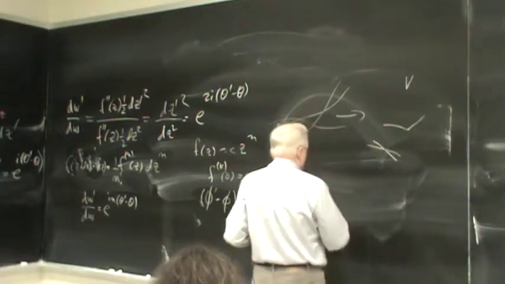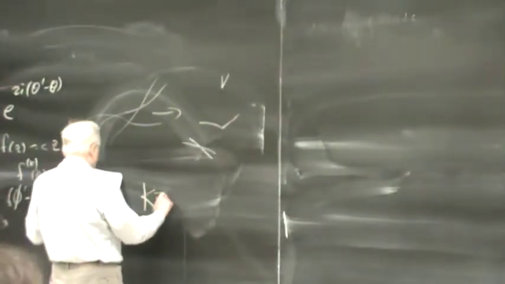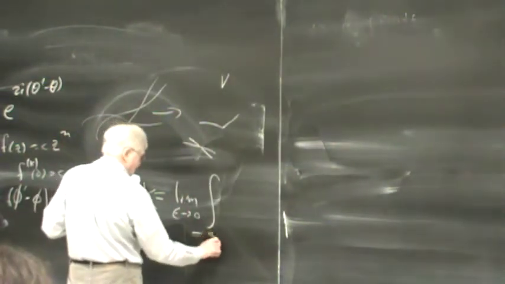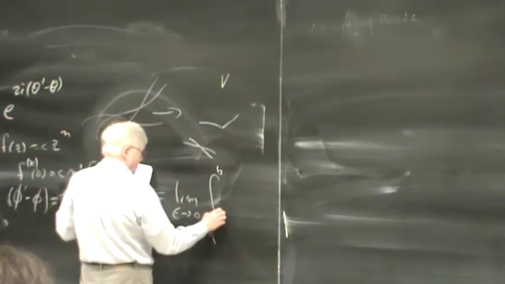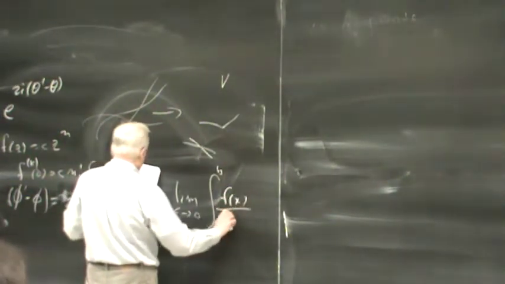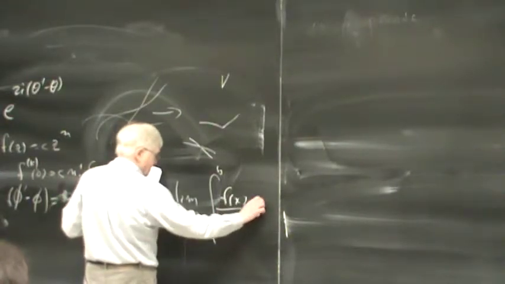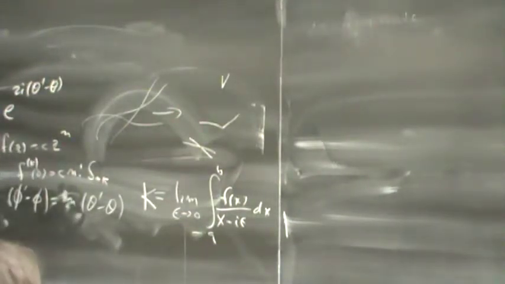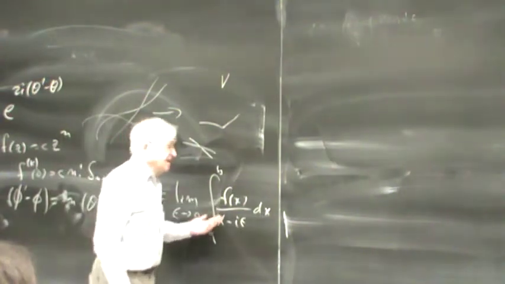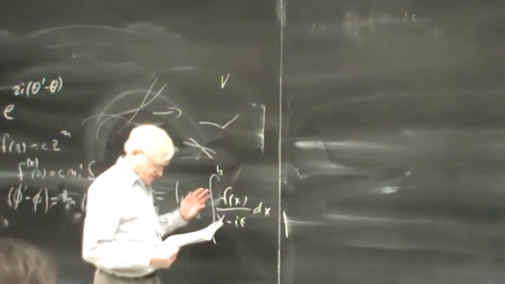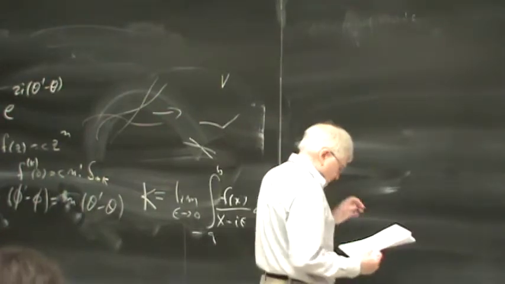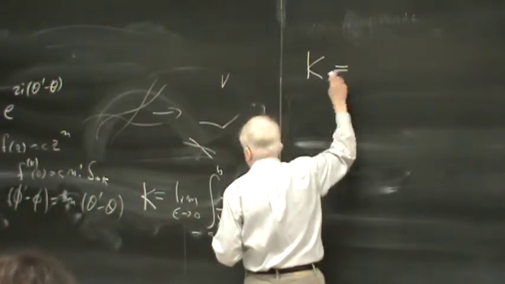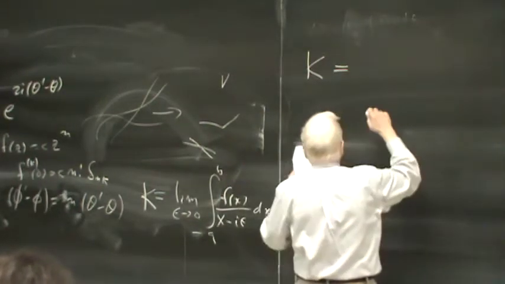So in the interest of saving board space, let me start over here. I'm going to set k equal to the limit, epsilon going to 0, of the integral from minus a to b of f of x over x minus i epsilon dx. So this is a particular integral that shows up, as I said, in physics courses. And so the first thing is we make use of something that we can attribute to Cauchy.